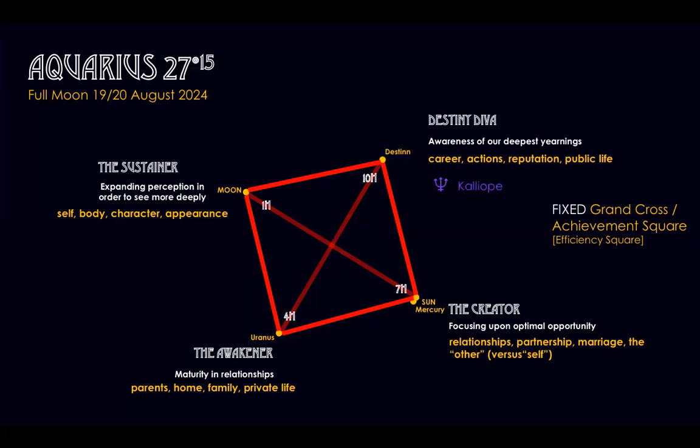The next step I take with breaking down the influence of these patterns for me is to look at what planets or points I have at any of the points within the pattern.